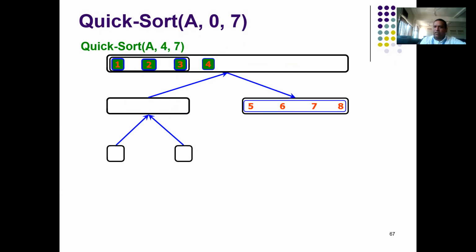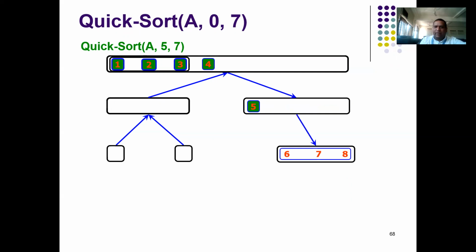Similar thing happens here. We are calling here. We can see that our list is already sorted: 5, 6, 7, 8. But when we call QuickSort, partition will calculate at each position. That is the partition value, which gives 5. Then the remaining values are 6, 7, 8. Again, we call QuickSort for A[5, 7]. Then what will happen?